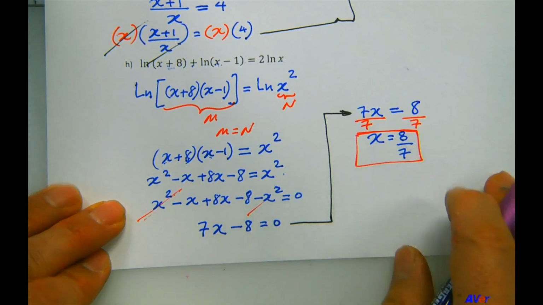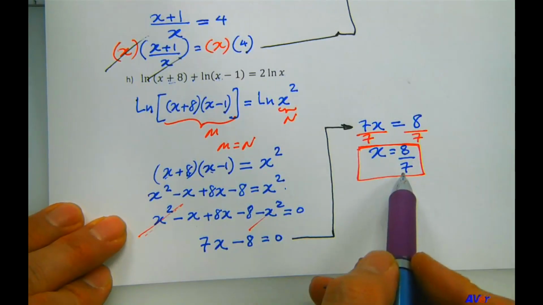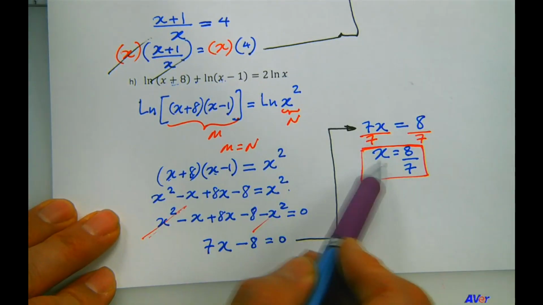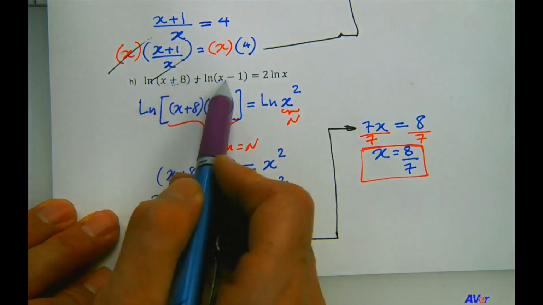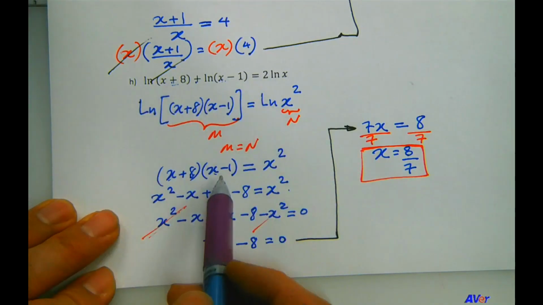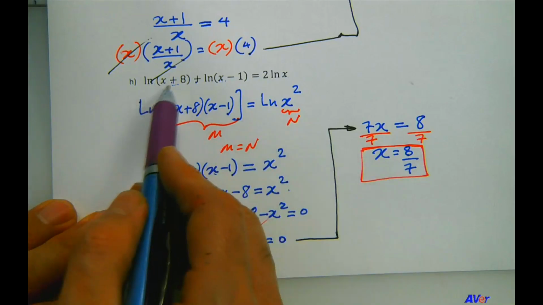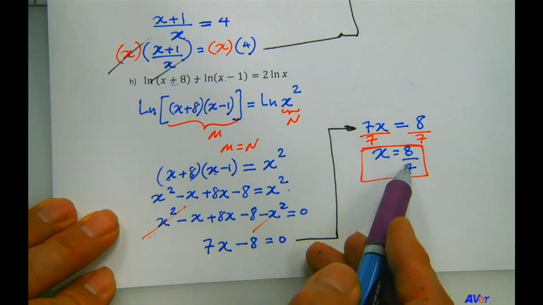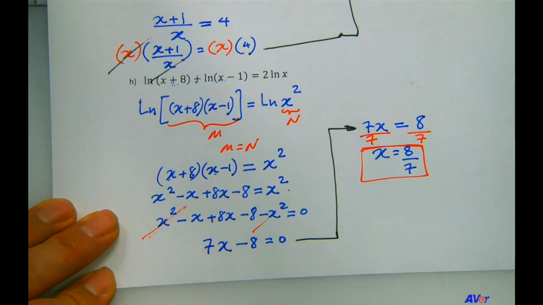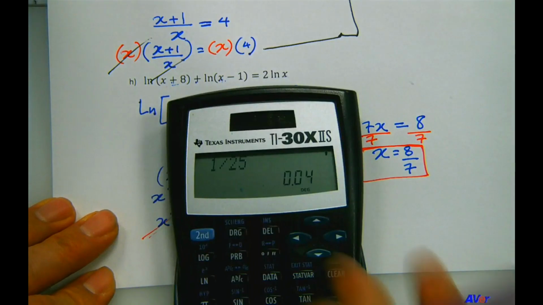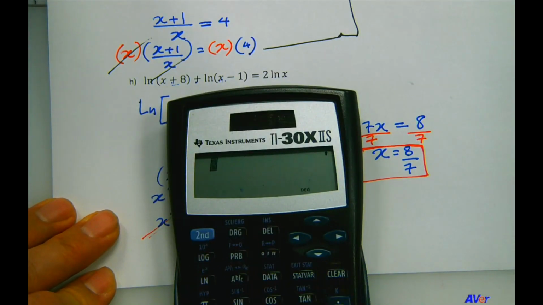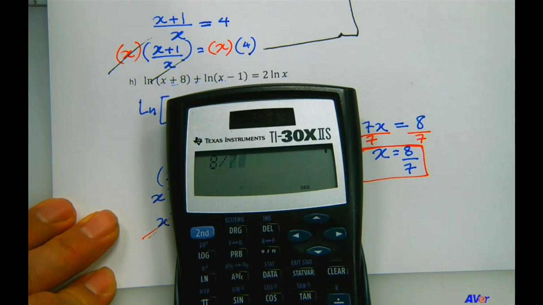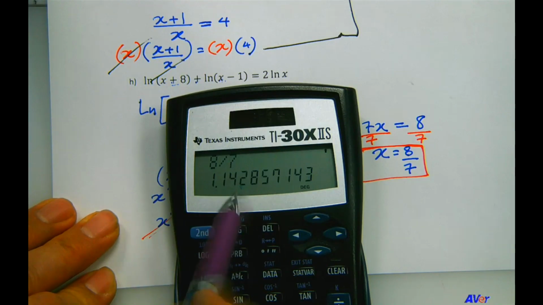Okay, so let's see. Let's check back into the original equation, making sure that this x value is within the domains of these natural log functions, each of them. So 8 over 7 plus 8, that's going to be a positive value, so it's okay. 8 over 7 is a little bit over 1. In fact, if we calculate that, it's 1.1428 something.